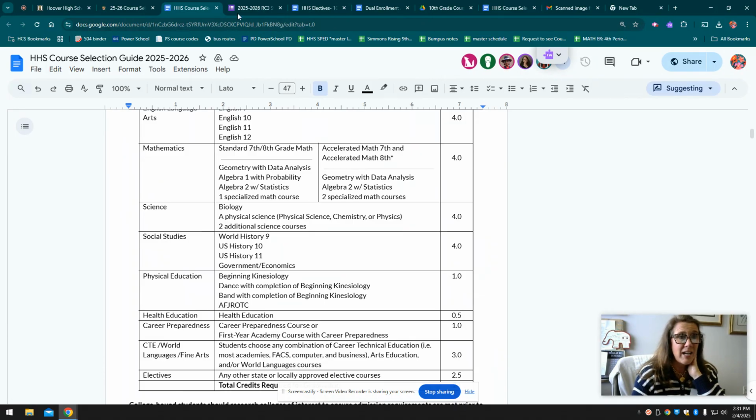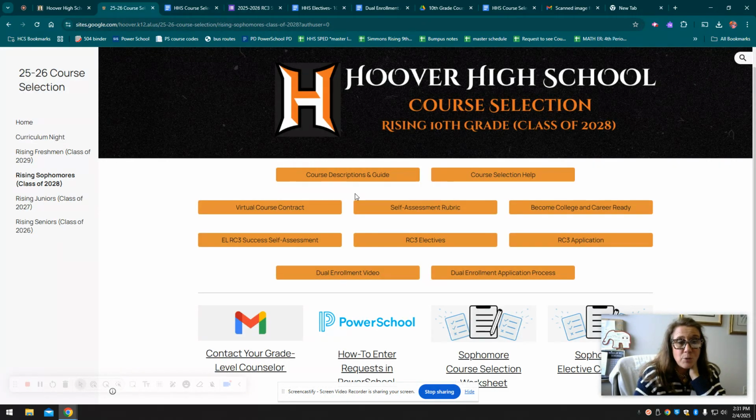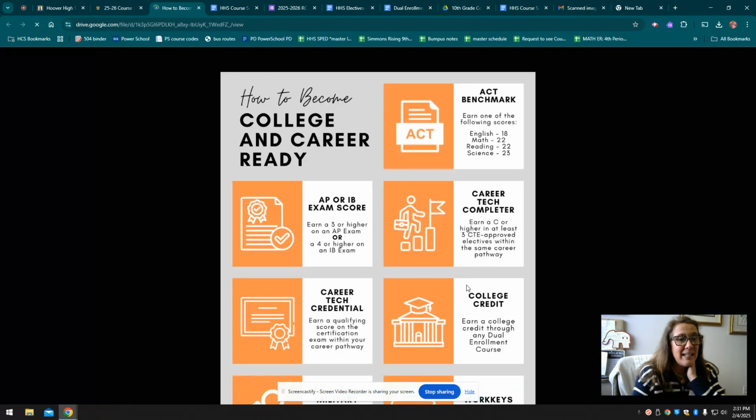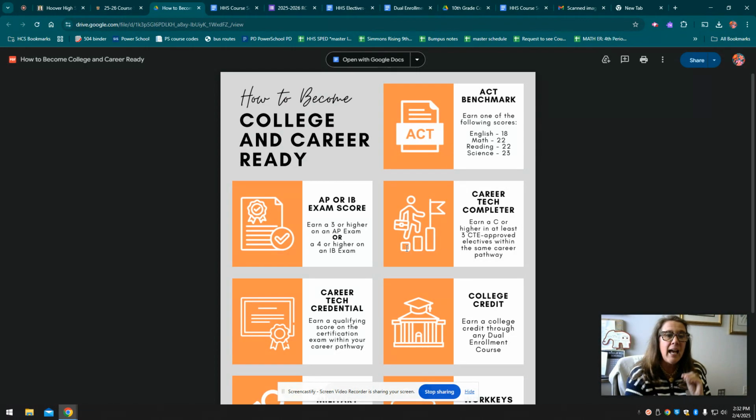But what has changed is students have to have a College and Career Readiness Indicator, a CCRI. This tab right here, Become College and Career Ready, tells students exactly how they can become college or career ready. They have to have one of these by the time they graduate.